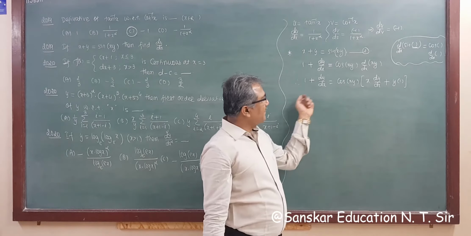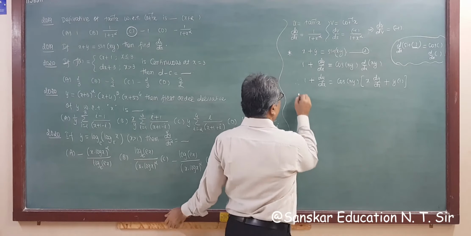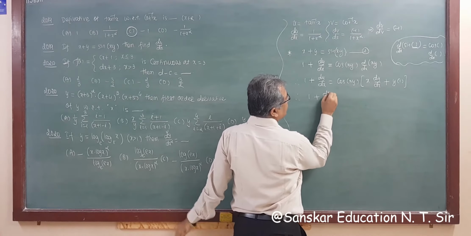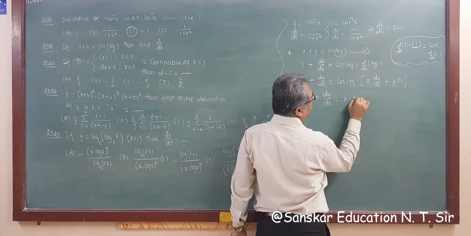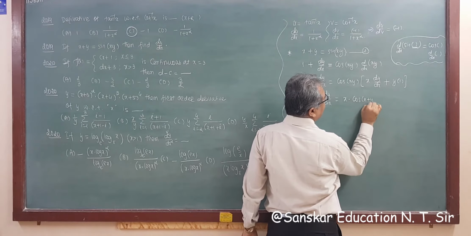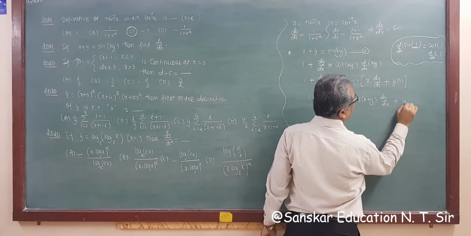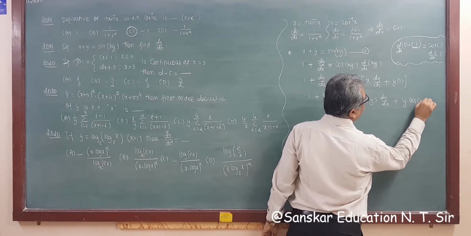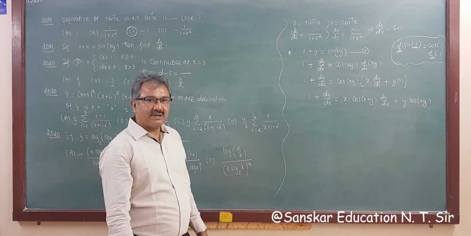Now for simplifying this, multiplying cos xy with this term and this term, therefore 1 plus dy by dx is equal to x into cos xy dy by dx plus y into cos xy. This is your answer.